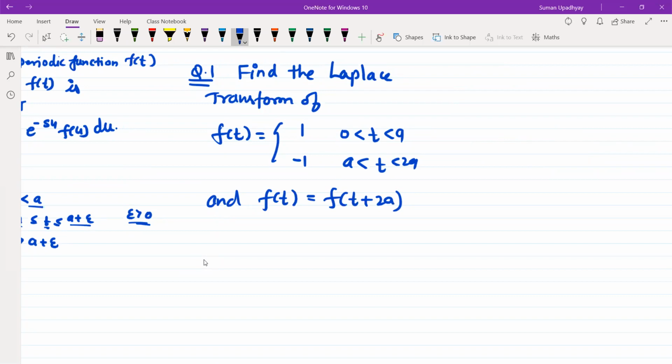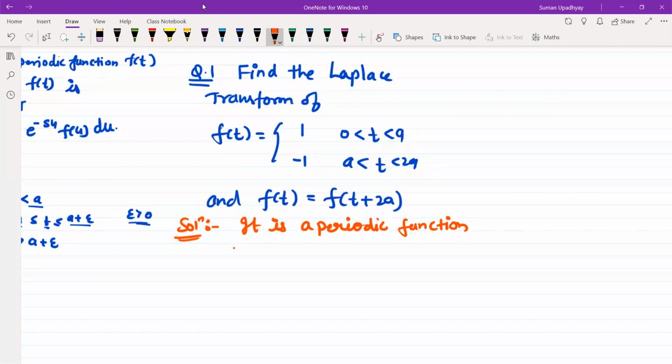Which type of function is this? Periodic function. And what is the period given? You correctly said it is a periodic function. But what is the period? After what time is it telling us that it repeats in this question? Period 2a, with period 2.